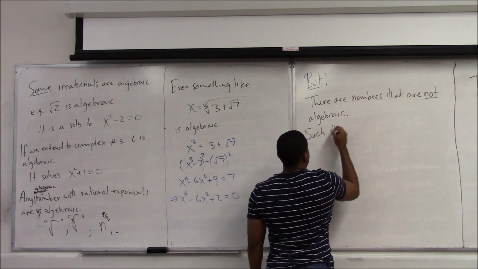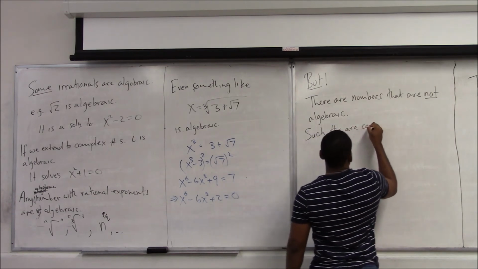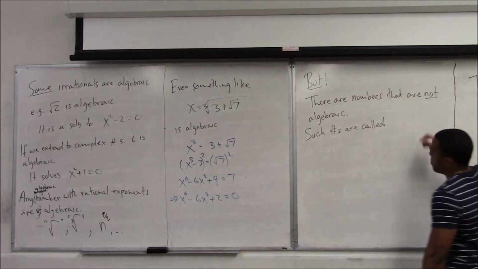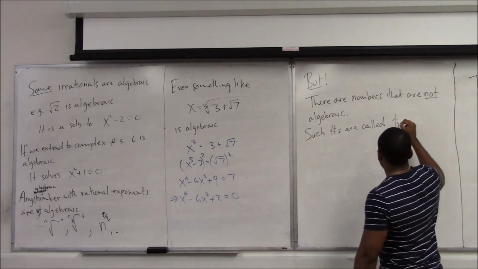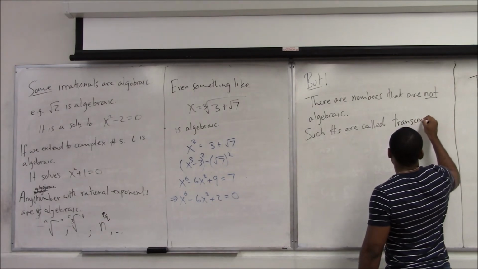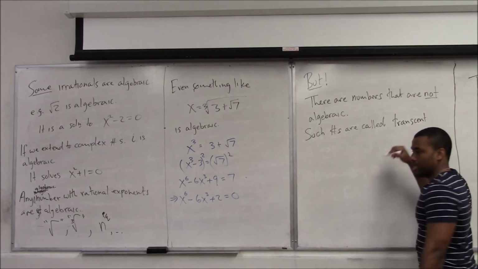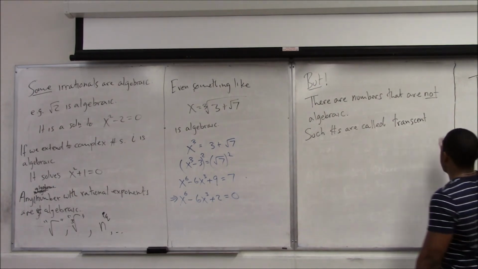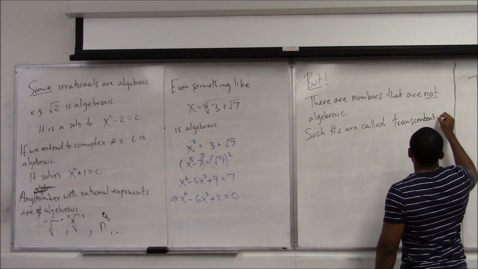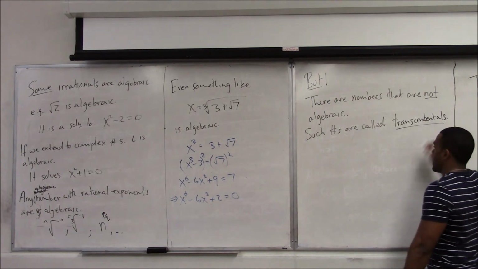You know what we call numbers that are not algebraic? Transcendental. Back in calculus, the subtitle of the calculus book was early transcendentals. It was talking about numbers like these.